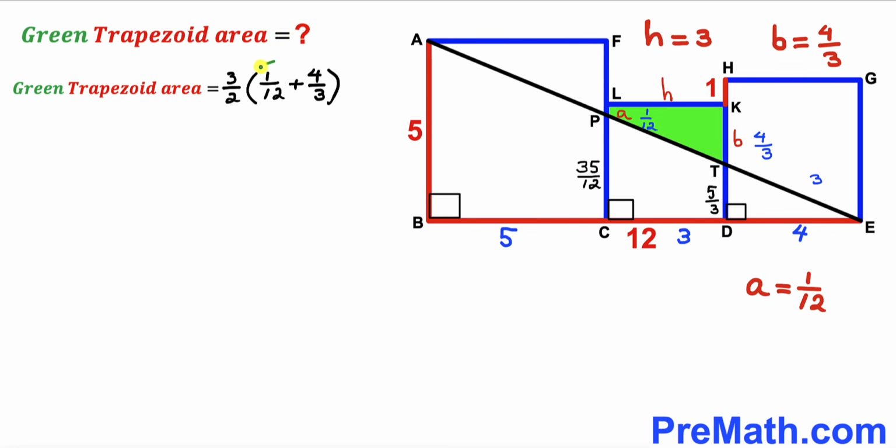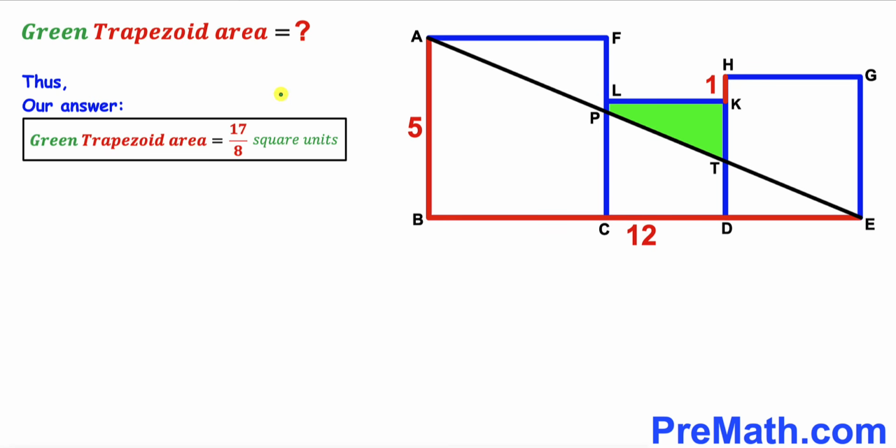And if we add these two fractions, that is going to give us 17 divided by 12. So therefore we could write 3 divided by 2 times 17 divided by 12. And if we simplify and multiply, that is going to give us 17 divided by 8 square units, the area of this green shaded trapezoid.